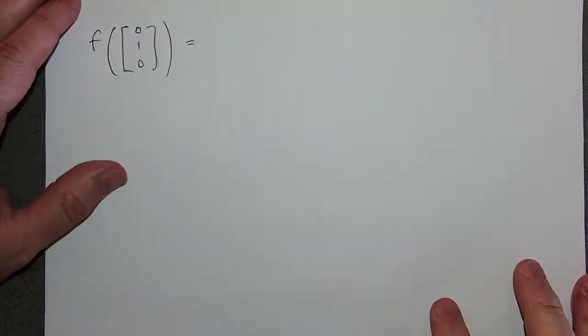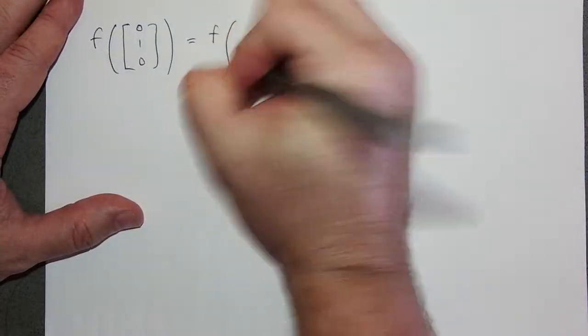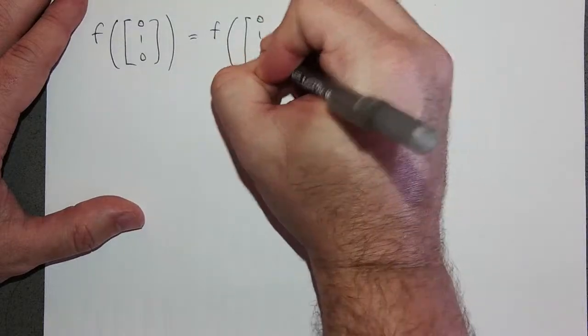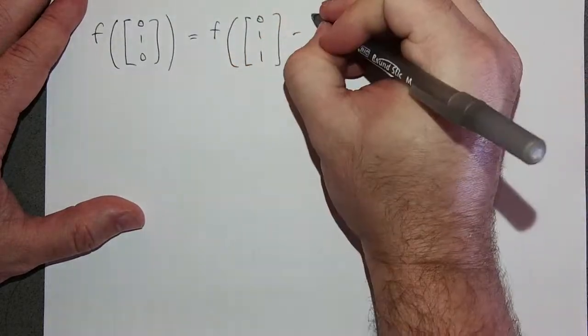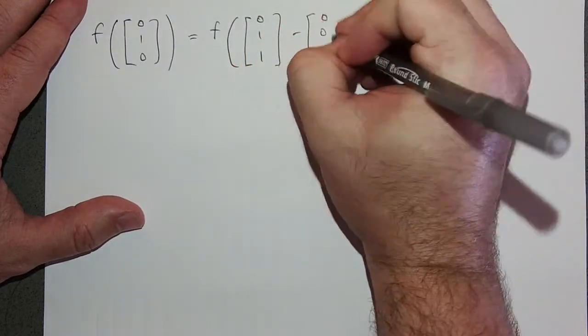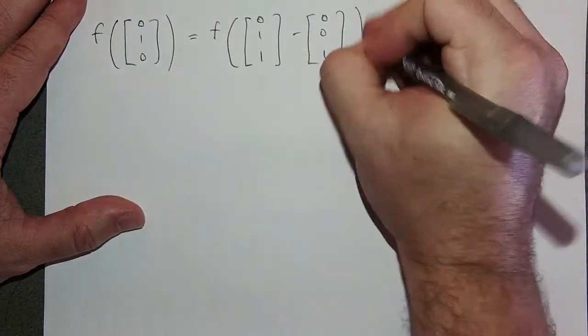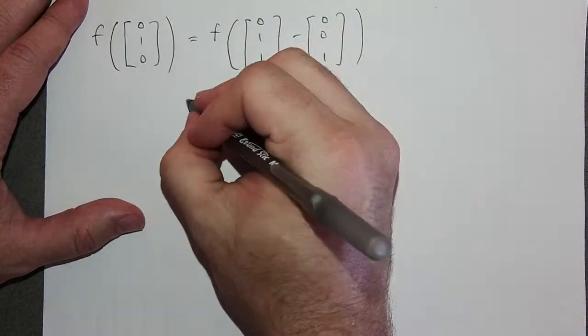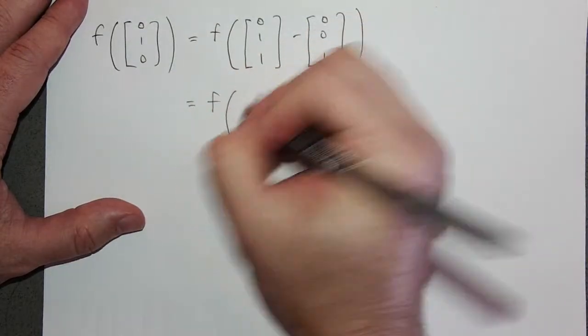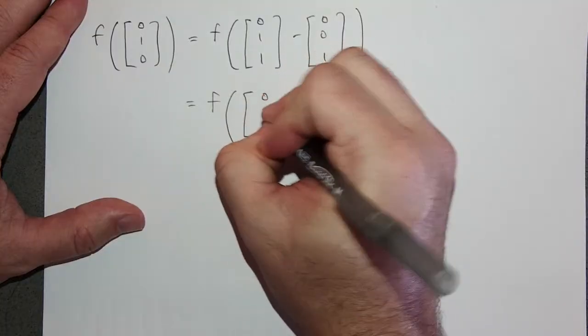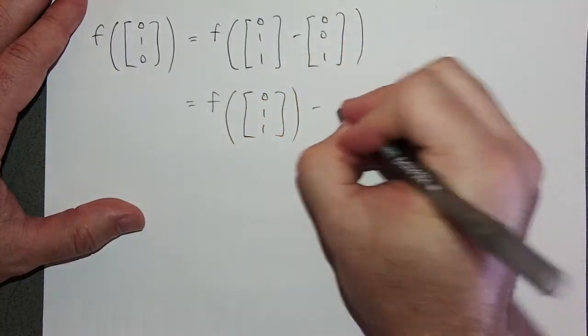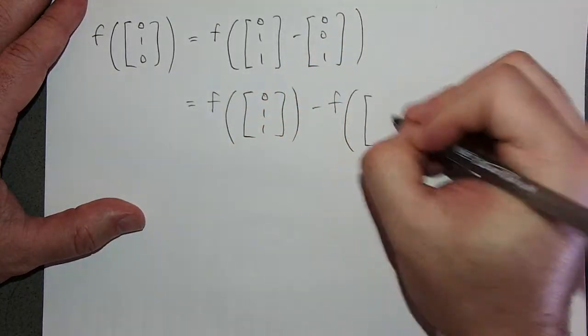Again, creative ways of rewriting here. This is f of (0, 1, 1) minus (0, 0, 1), which is, by linearity, f of (0, 1, 1) minus f of (0, 0, 1).